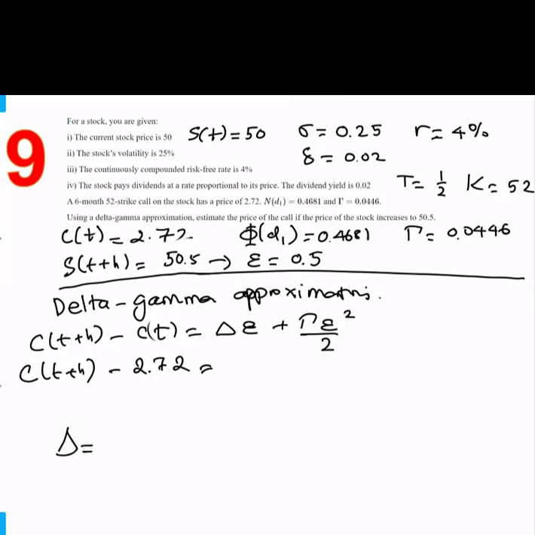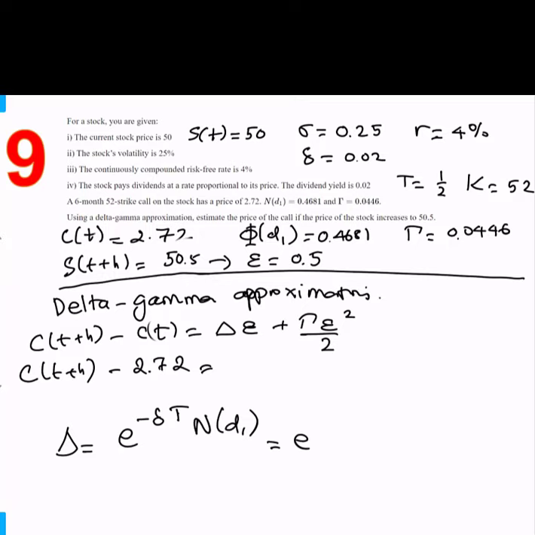Remember that delta is equal to e to the minus delta t times phi of d1, or in this one we can use N(d1). From this one, it should be e to the minus 0.02 times T, which is 1/2, so we divide by 2.